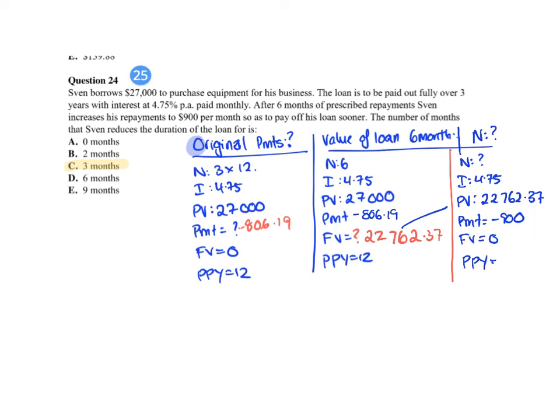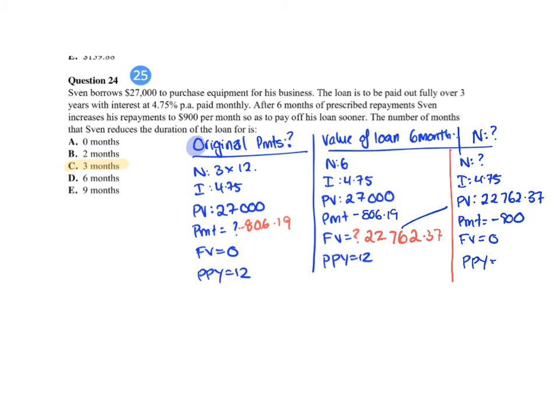So off we go and do this. We're changing this to the new scenario: 22762.37. He's making payments of 900 now, so I put the payment 900. And the final value, I want him to pay it off. And I want to know how many months that's going to take.